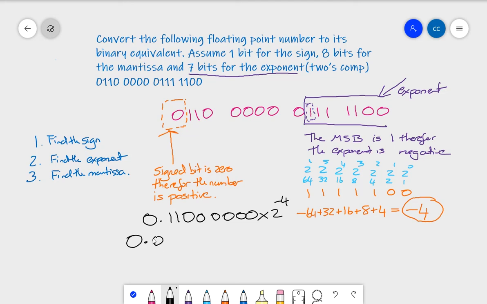So it's 1, 2, 3, 4, 1, 1. And we don't actually need to put these trailing zeros because they make no difference to the value of this number. So this is the answer. The floating point number 0110 0000 0111 1100 can be represented in binary as 0.000011.